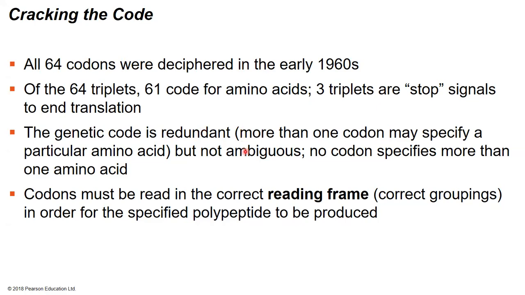So remember that we have 4 kinds of nucleotides in the DNA. And each 3 nucleotides determine 1 amino acid. So we have the first nucleotide plus the second nucleotide plus the third nucleotide.